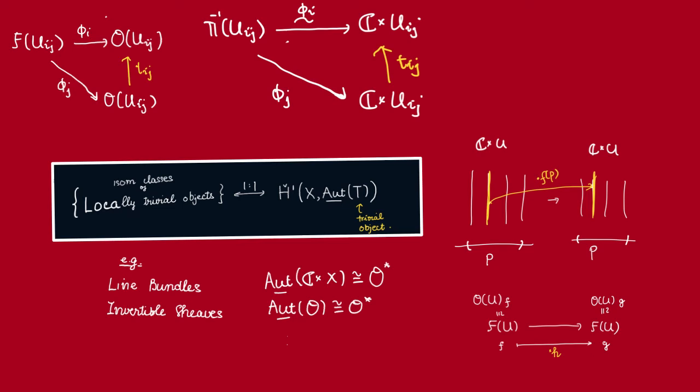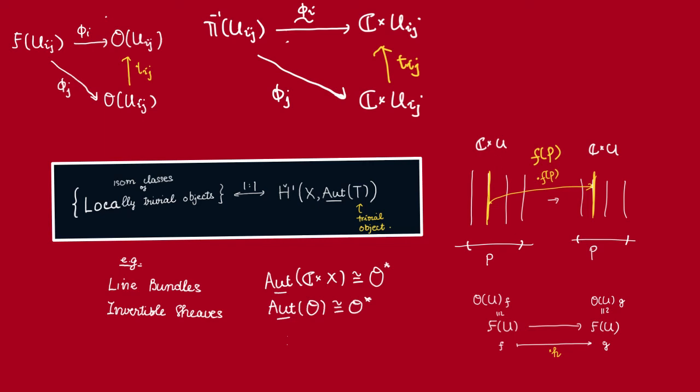But the automorphism of each fiber is an automorphism of C, and that's just going to be given by multiplication by some non-zero number. So this general automorphism, when you take it at any p, corresponds to a non-zero number. So this map F, this automorphism, is just a regular function in O star.